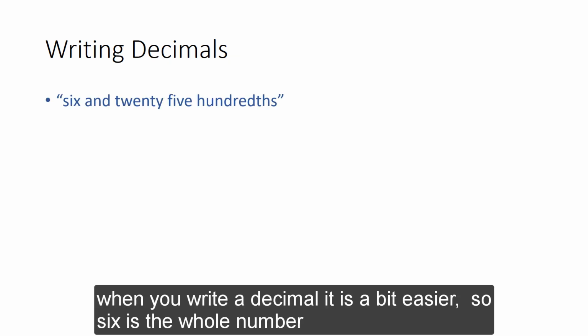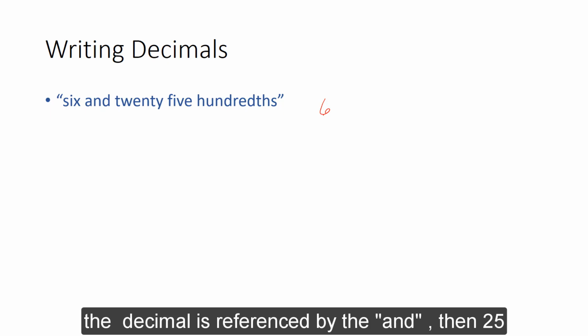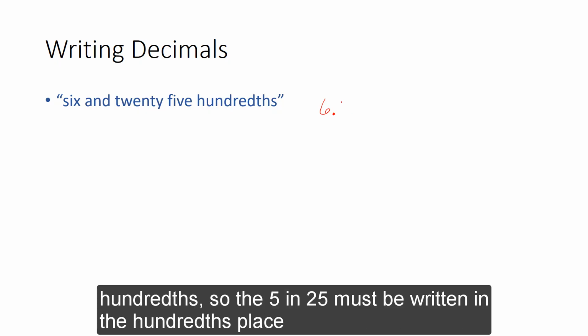So when you write a decimal, it's a little bit easier. So 6 is the whole number. The decimal is referenced by the "and," so 6 and, so there's the decimal point, 25 hundredths. Okay, so the 25, the 5 has to be in the hundredths place, which it is.